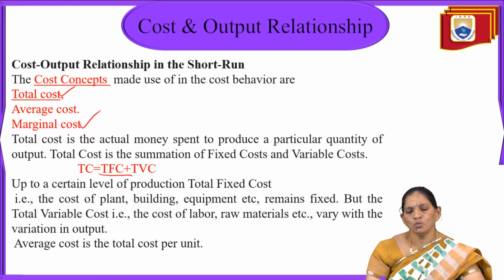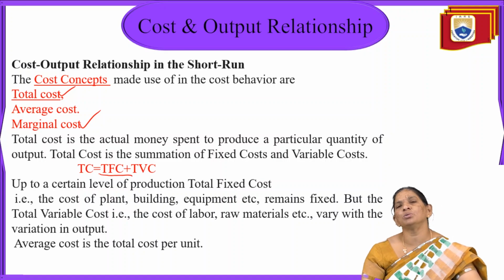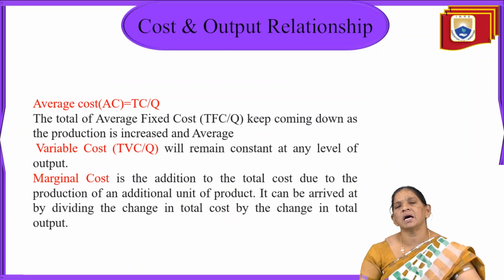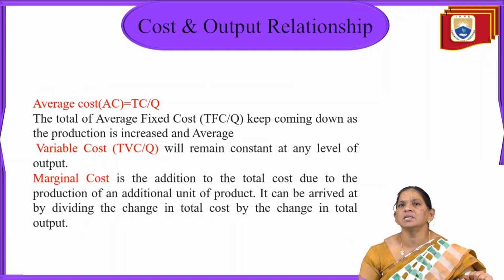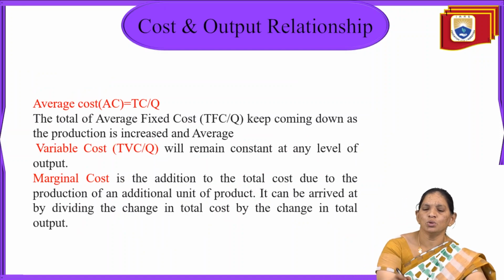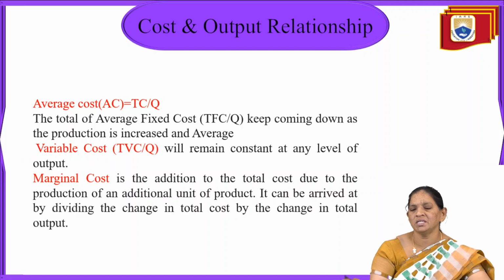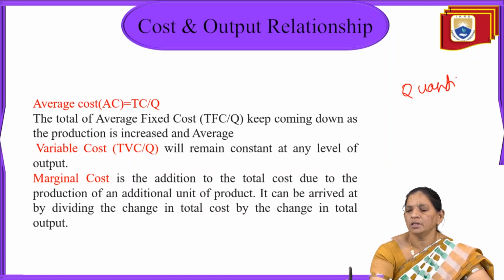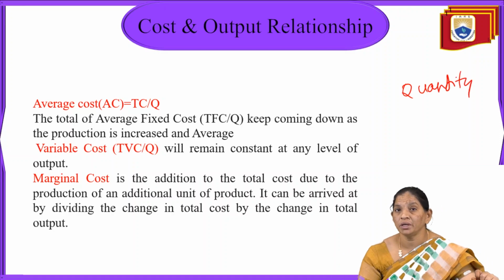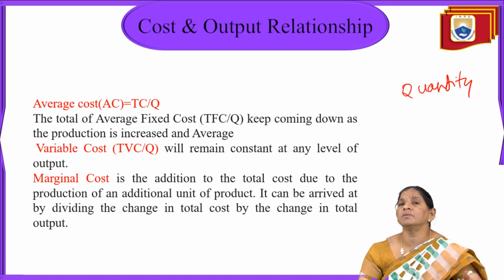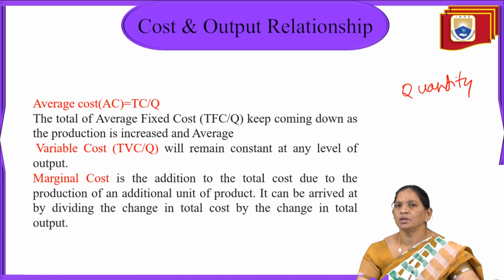After that, we'll see that the average cost is the total cost per unit. Average cost AC is equal to total cost divided by Q, where Q means quantity. Whatever amount of input we put in, that is the total cost, divided by the number of units we produce, the quantity, gives the average cost per unit.